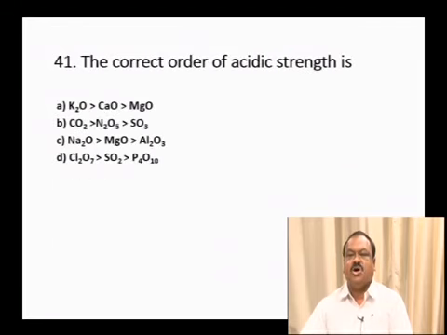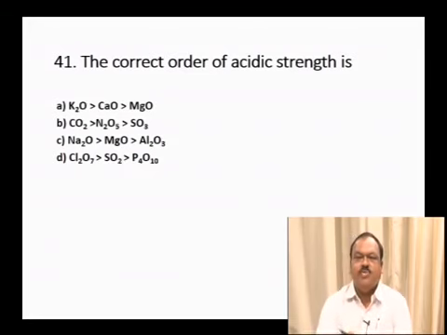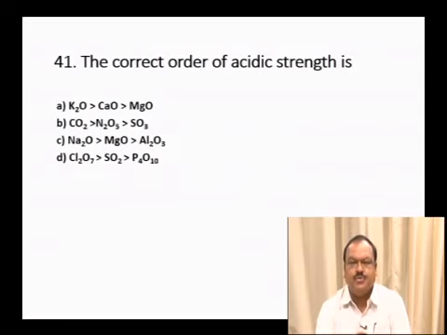The correct order of acidic strength: when we observe the following options, potassium oxide belongs to the first group of elements, alkali metals. It is basic in nature. Calcium oxide is a base. Magnesium oxide is also a base. So all three are bases. This does not come under the answer at all.